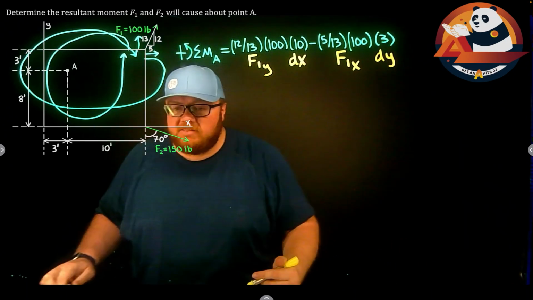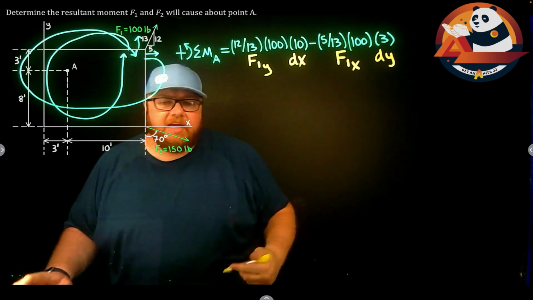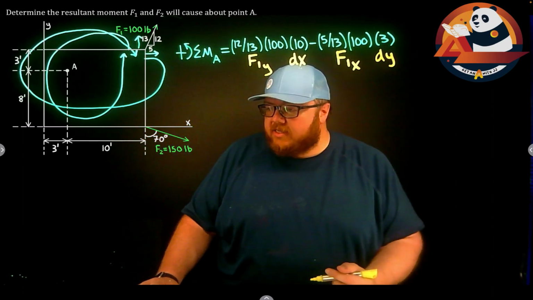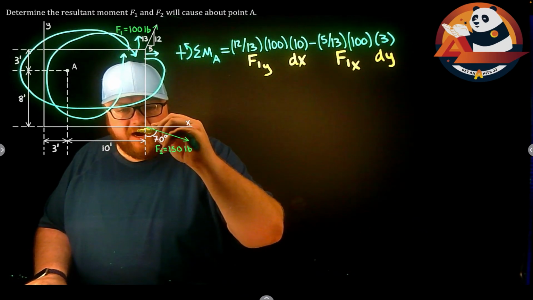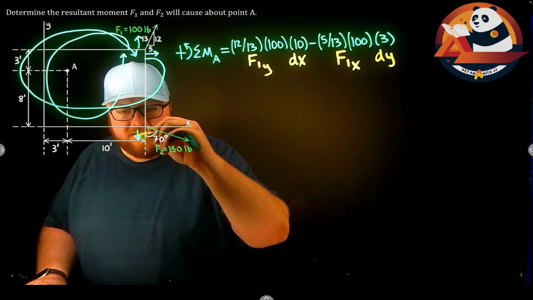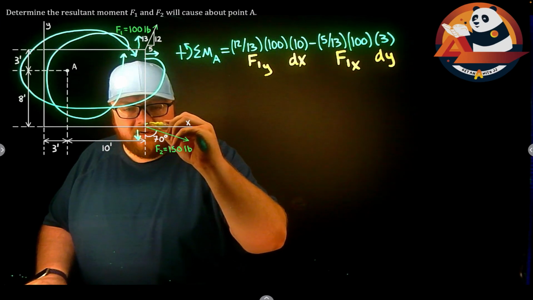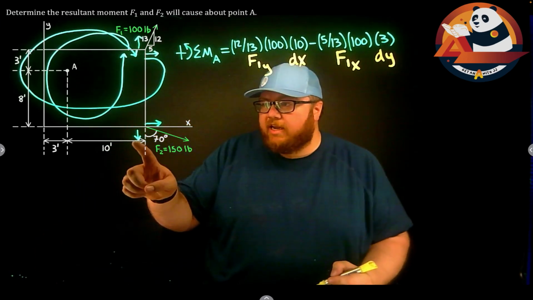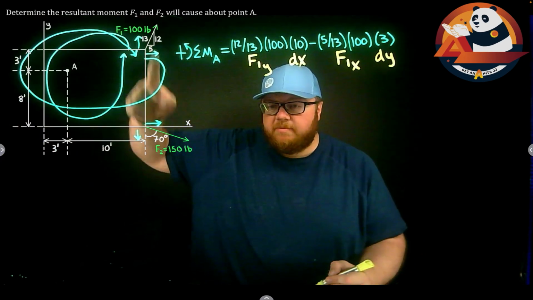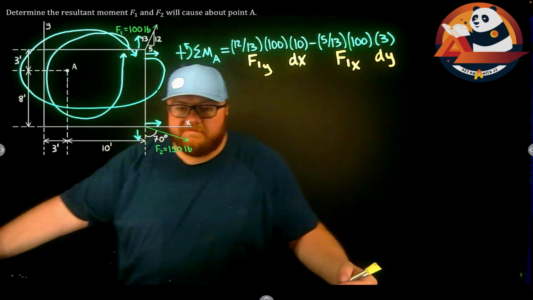We're not done there. I also need to check F2 in here. So let's get its y component first. If we mark it off, the y component points downwards, the x component points to the right. On that y component going down, we'd make our circle clockwise.